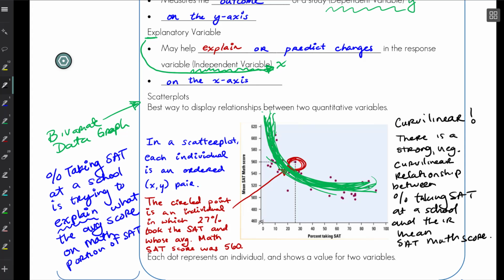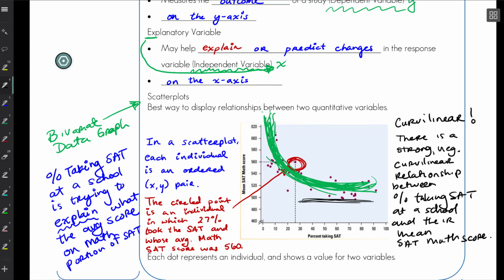Okay? Now, by saying it's curvilinear, that tells me even more. It's not a strictly negative relationship to where I say it's always going to follow this negative trajectory. What I can see that it's curvilinear is that it's actually starting to bottom out at a certain point, right? It's saying, like, once we hit about 40% of students taking the SAT, there's not really that much variation in what their mean math score will be.